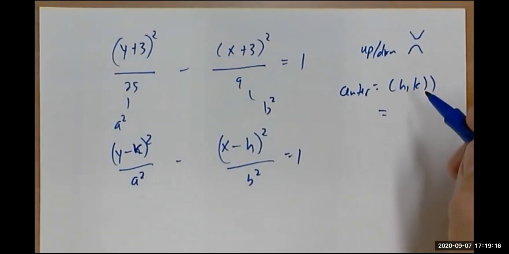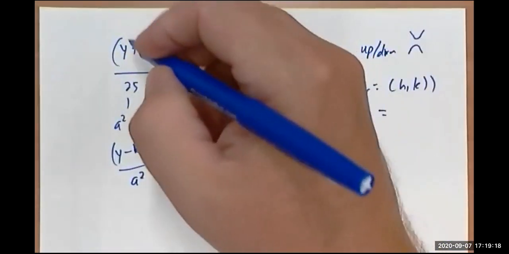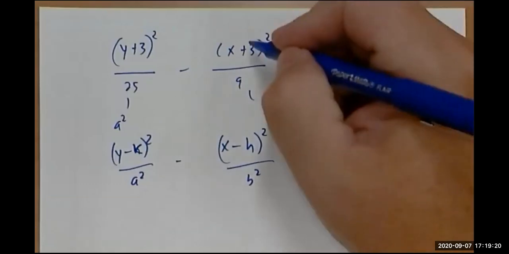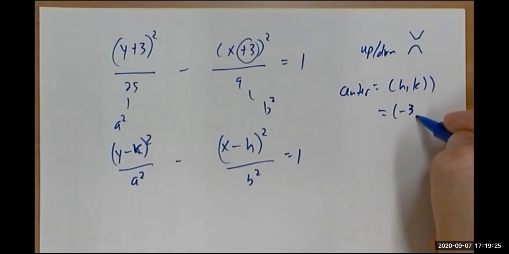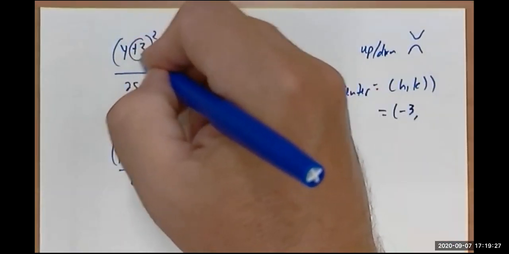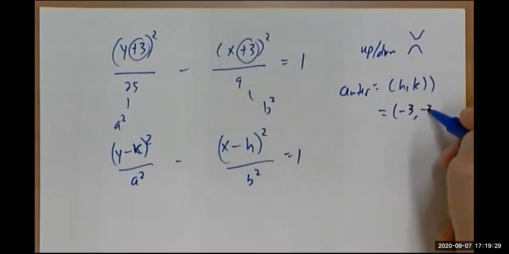So the center, once again, you got to do what I call the opposite rule, right? H goes with the x plus 3, which means it's minus 3. K is with the y, it's plus 3, which means it's minus 3.